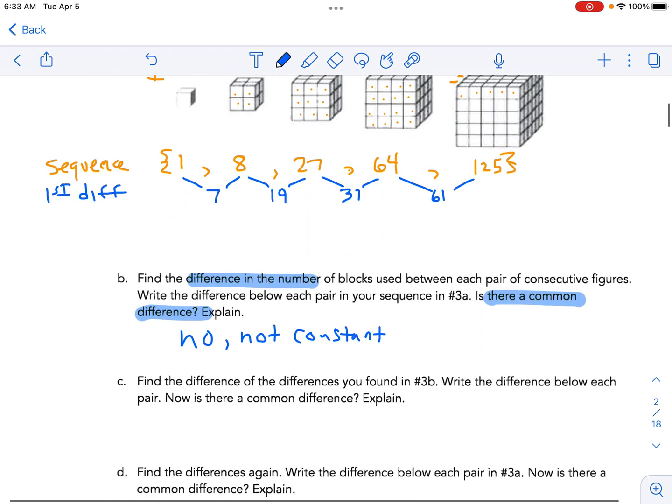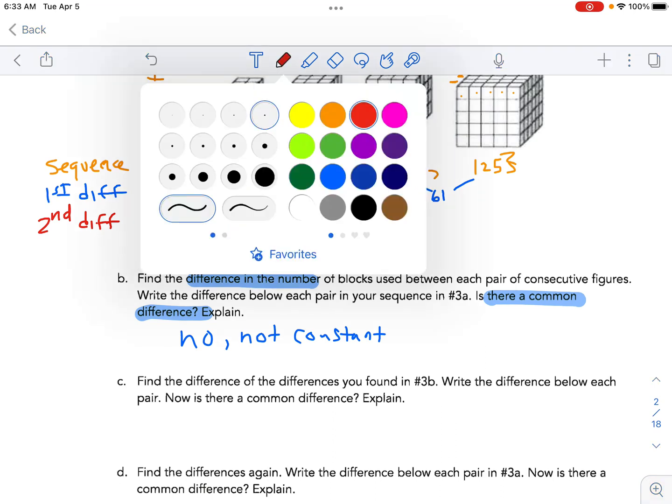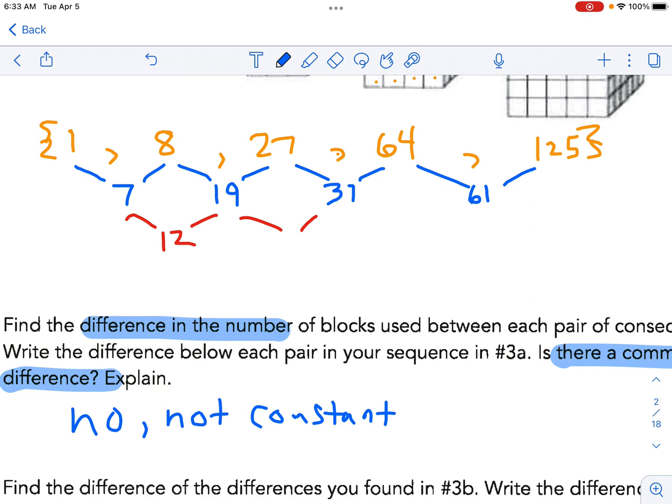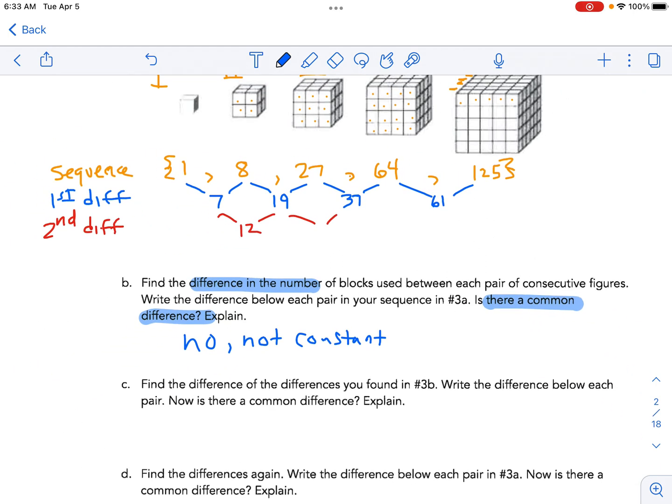We're going to look at the difference of the difference. That was what, red? Okay, the second difference. So looking at the difference of the differences, that looks to be 12. This is definitely not 12 because this is my sloppy handwriting. This is 37. There we go.